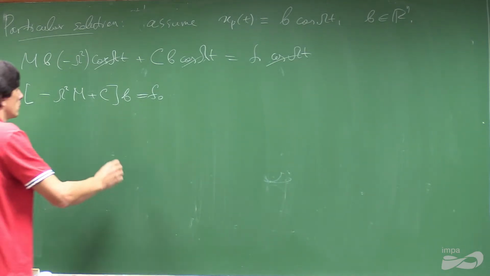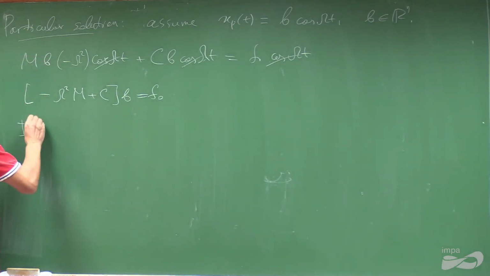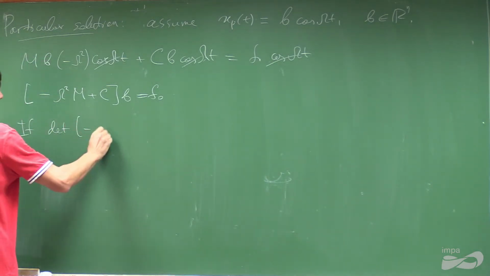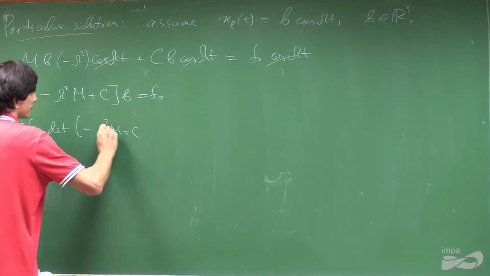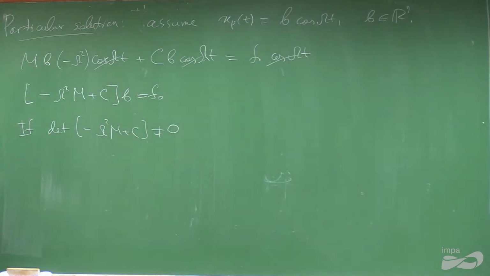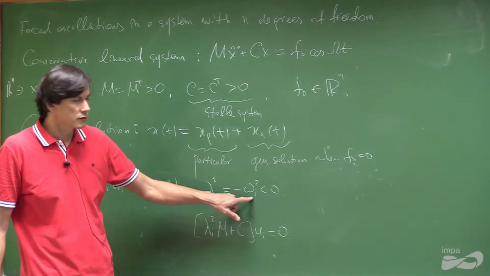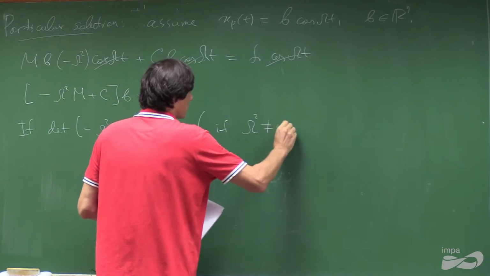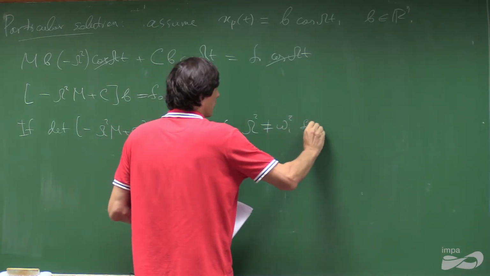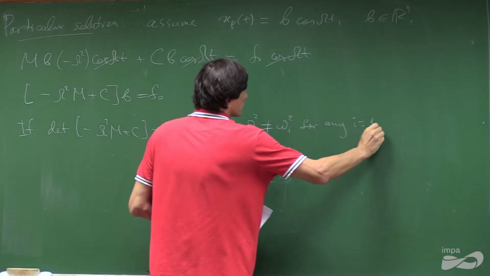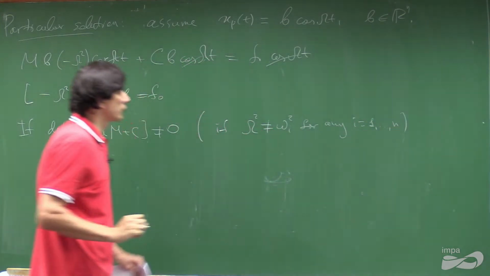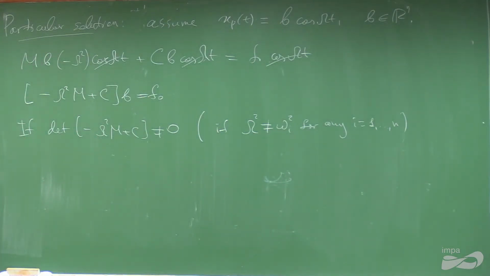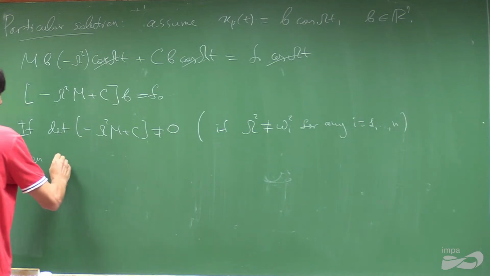If the determinant is not 0, and the determinant is not 0 exactly when omega squared is not an eigenfrequency squared, for any i, so if there is no resonance, then you find the solution.